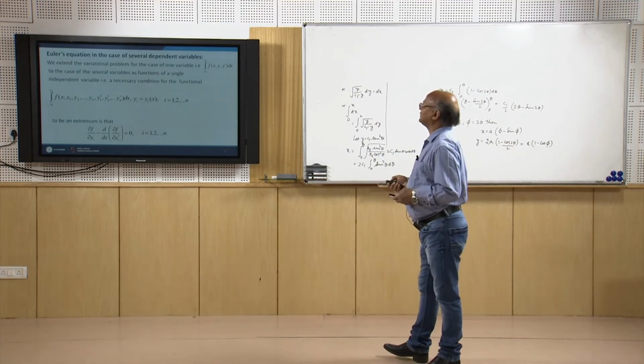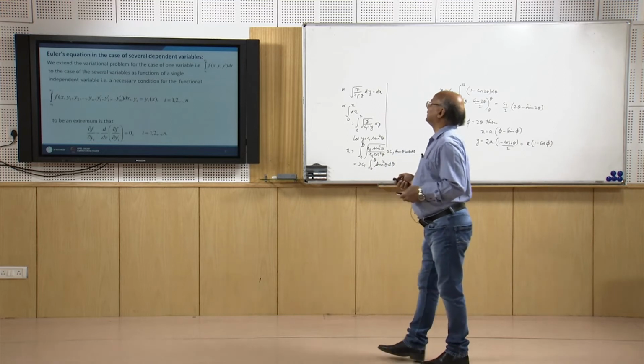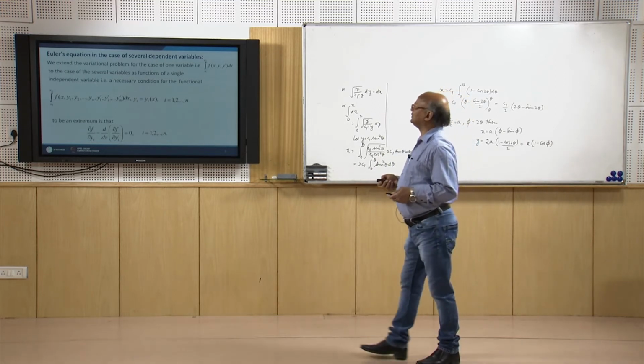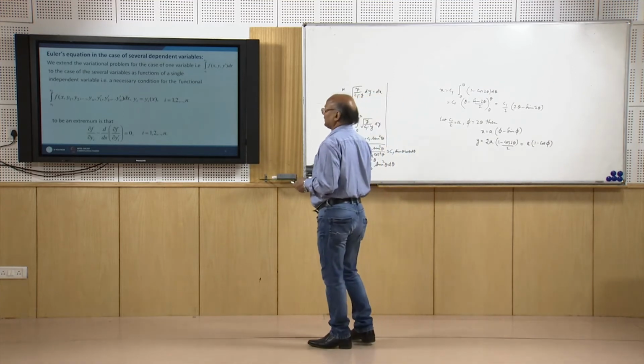Now let us consider Euler's equation in the case of several dependent variables. You have earlier done the Euler's equation in the case of one dependent variable.